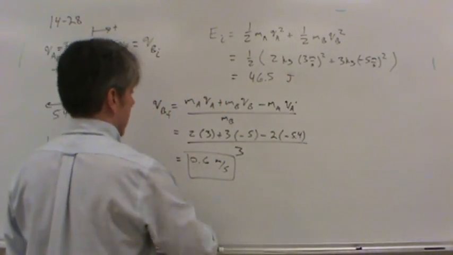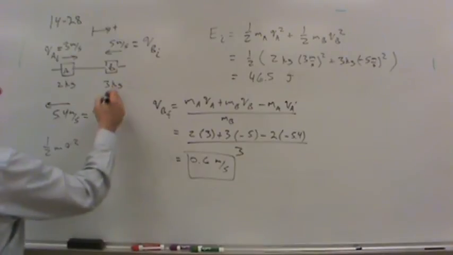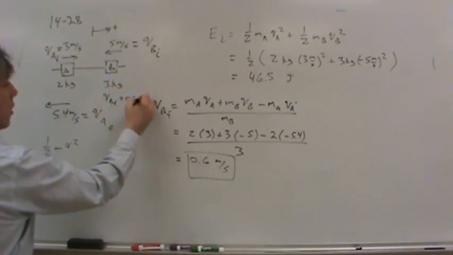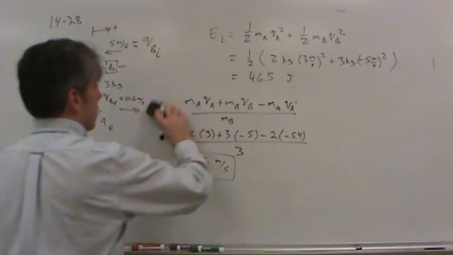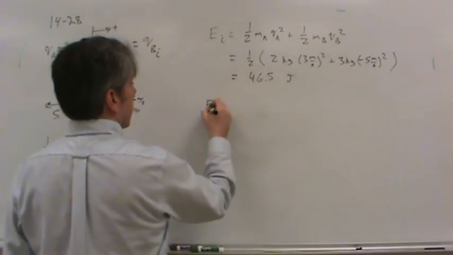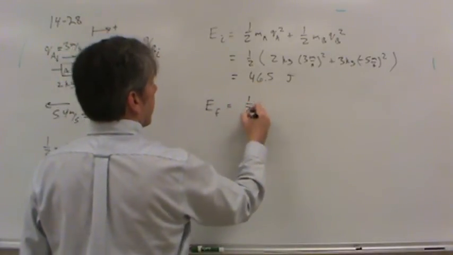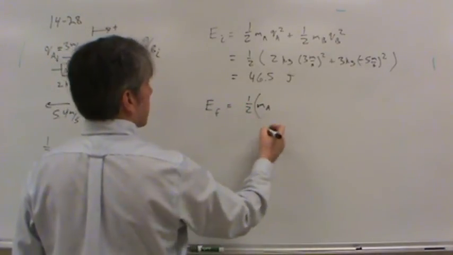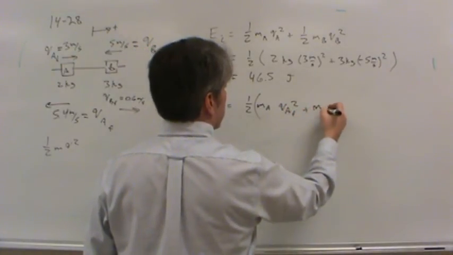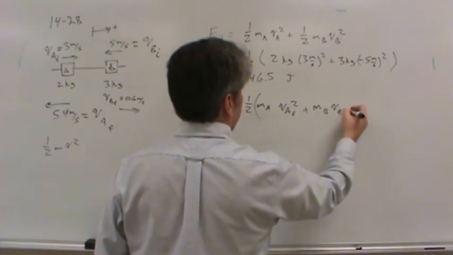Okay? All right, I'm going to need the final velocity of B. I don't want to lose that, because now let's calculate the final energy. Same thing, 1/2 mass of A, let's just go ahead and separate it out, velocity of A final squared plus mass of B, velocity of B final squared.